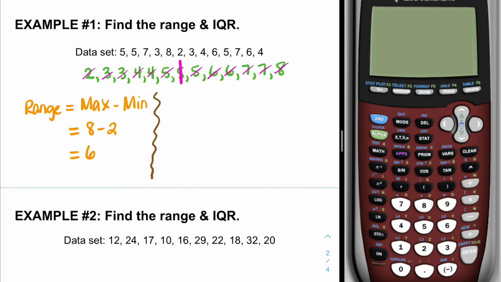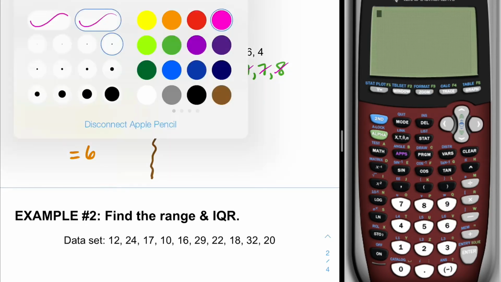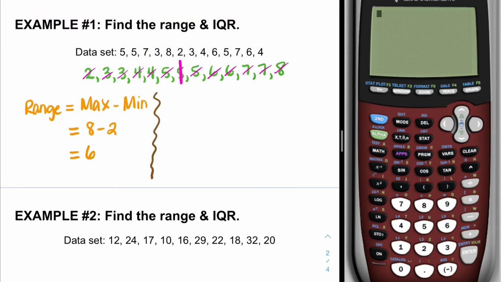Now that I know my median is 5, I can look to the left of that median, and I'm going to cross out again from left to right. Here I have 3 numbers. So here my median lies in the middle. And this number in the middle, between 3 and 4, is 3.5.